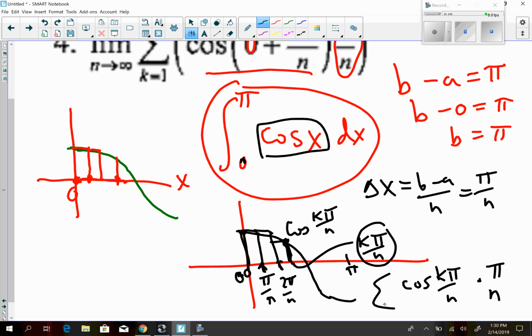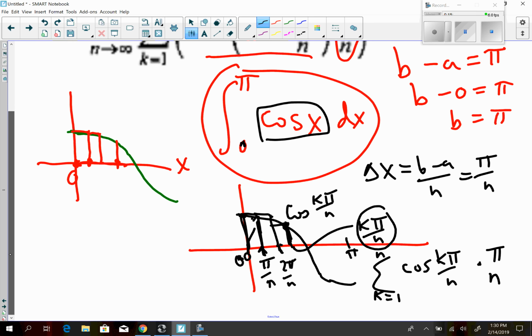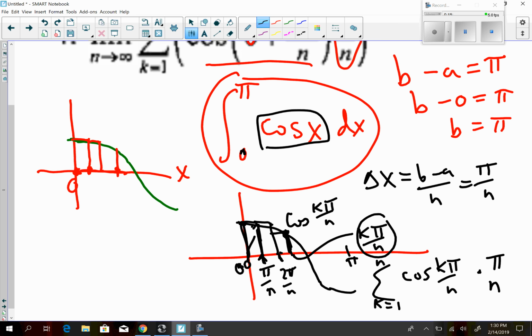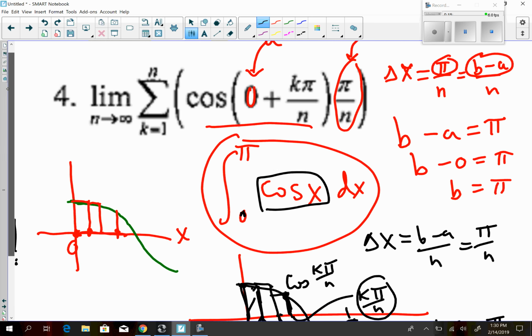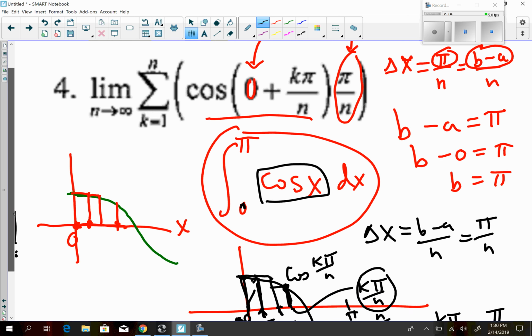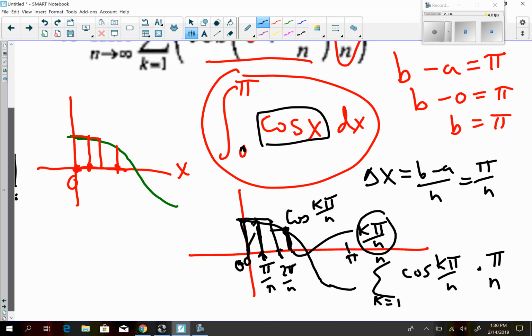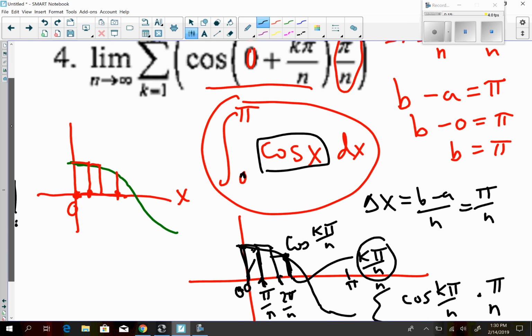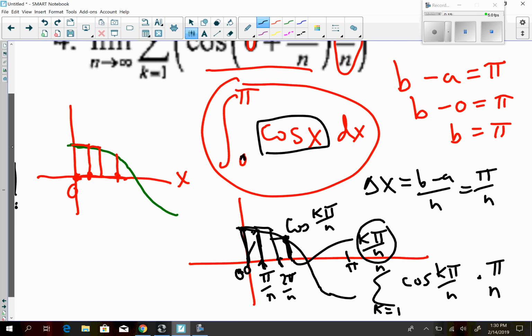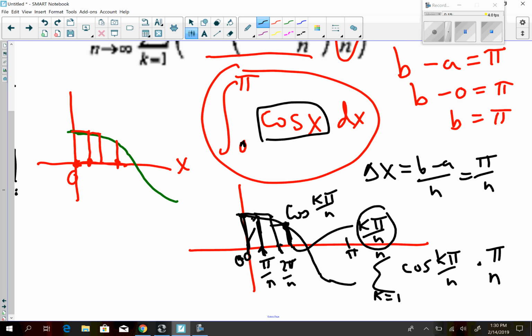Add all of these up from k equals 1, meaning the area of the first rectangle, up to n, meaning the nth rectangle, however many there are. And then put limit as n approaches infinity in front of it, and we have exactly what we started with here. I know you can't see the 0 here. K pi over n. Yep, it's all matching. I just didn't write limit yet.